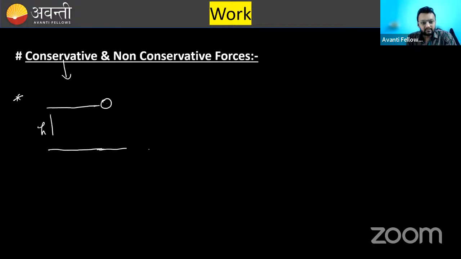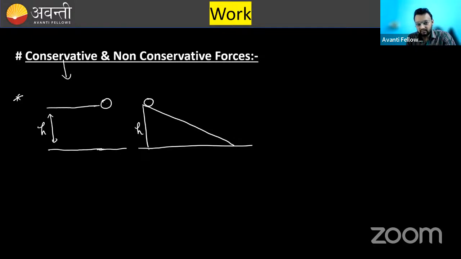This height is h. And in the second situation, there is an inclined plane. And I have dropped the ball again from the same height h, and the ball is again coming to the ground. Ultimately, in both the situations, the ball is coming to the ground.